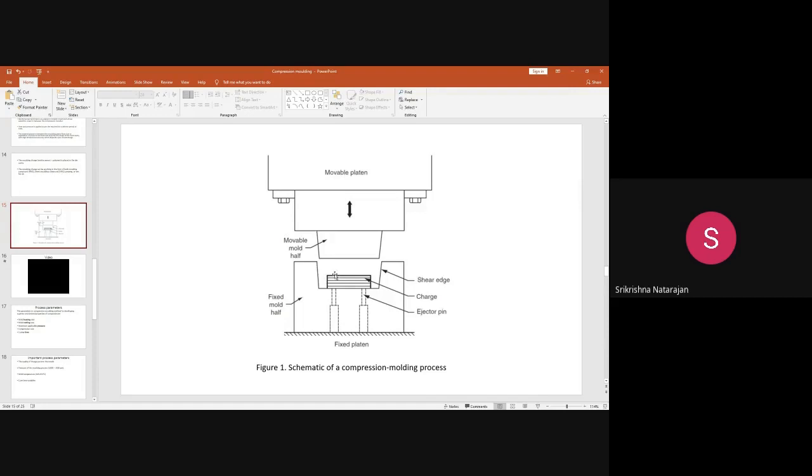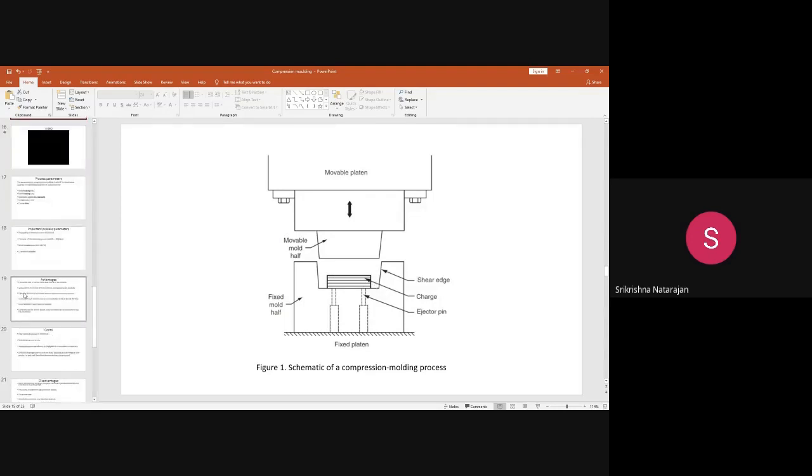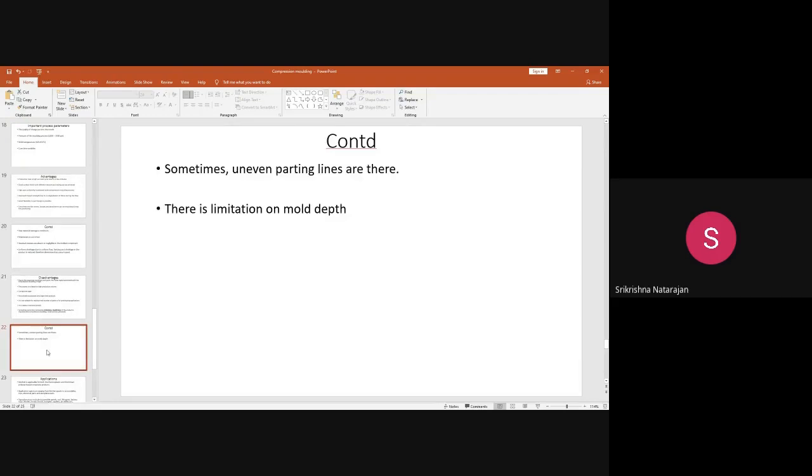You want to make one product in this size, another product in this size, and another in this size. That type of unevenness may happen when you make a line, because of the compression there may be some shifting in these lines, so that may happen.